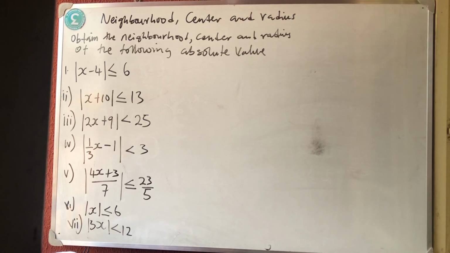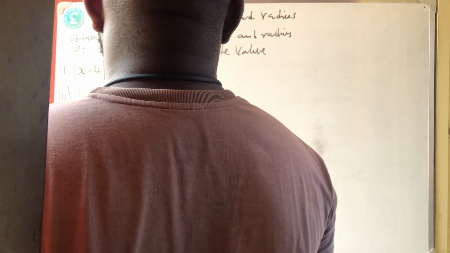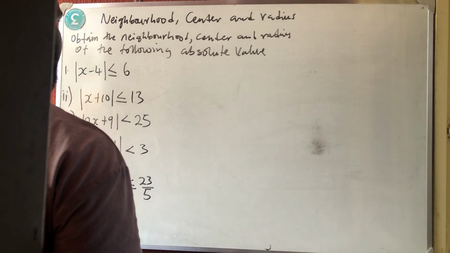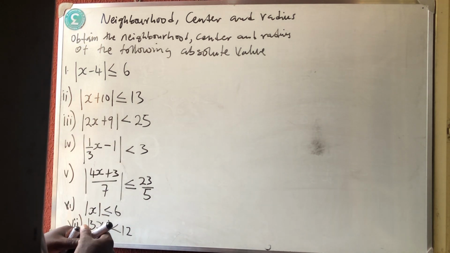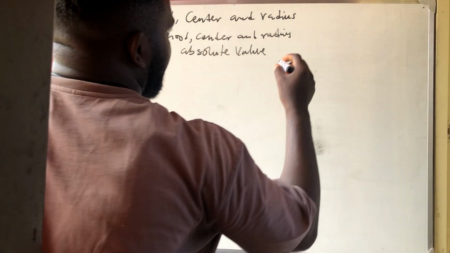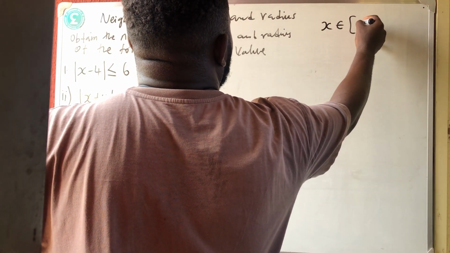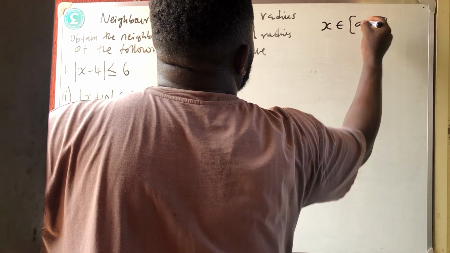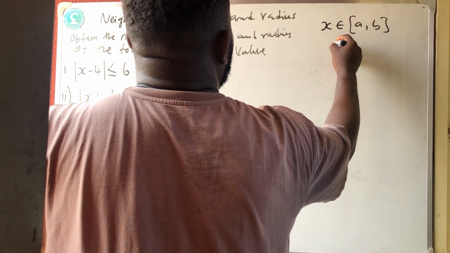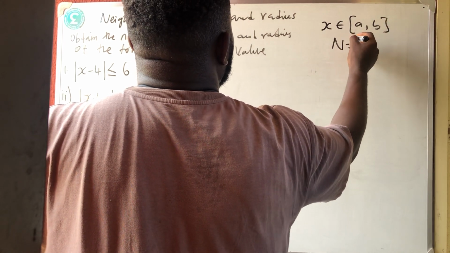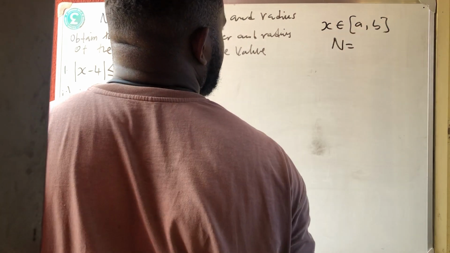In this video we are going to solve this neighborhood question. To get the neighborhood of anything, if you have that x is an element of maybe (a, b), let me call the neighborhood N, just the way you are seeing it.